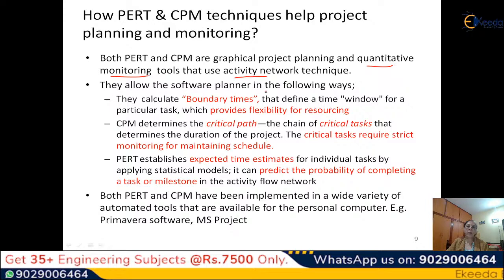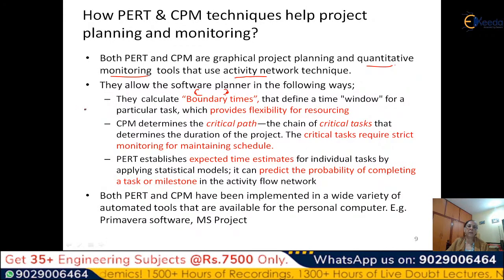They allow the software planner to do the following. First of all, it will calculate a boundary time, that means a beginning and an end, an interval that defines a time window for a particular task, and that will provide flexibility for resourcing.